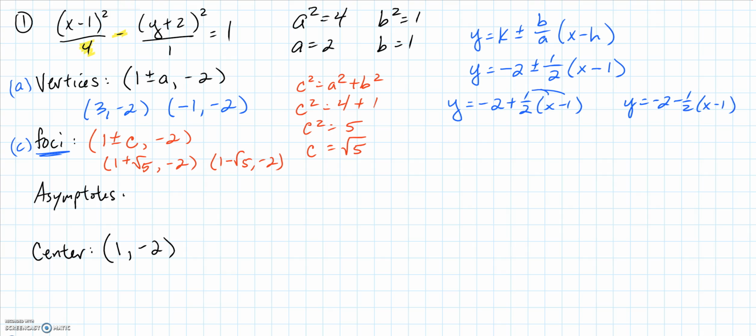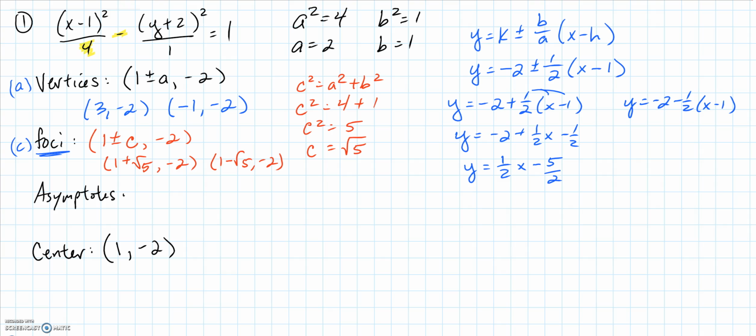Now when we distribute the 1 half, y is equal to negative 2 plus 1 half x minus 1 half. Continue working that out. Shouldn't have had the minus there, sorry. I'm going to get 1 half x, and then negative 2 minus 1 half is negative 5 halves.